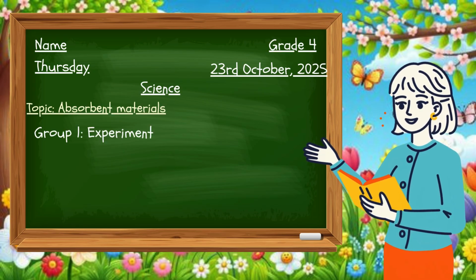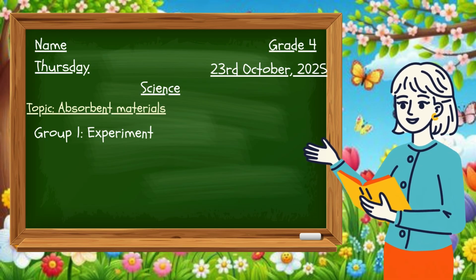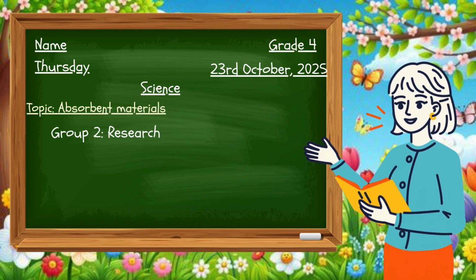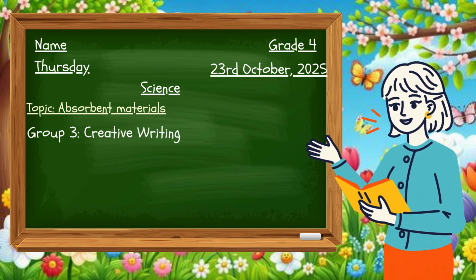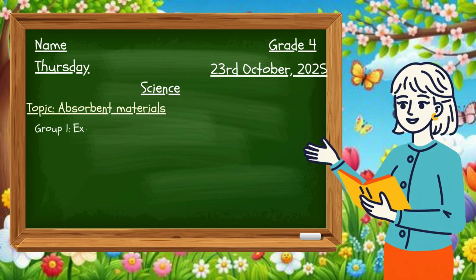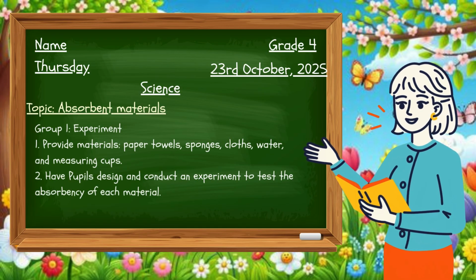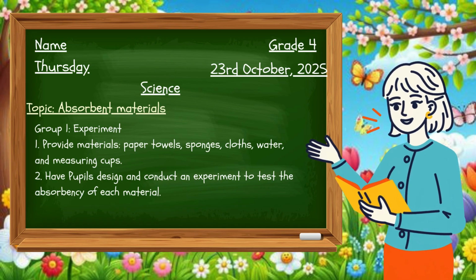I need all the group 1 to come in front. All the group 2, you go at the back. And the group 3, you sit where you're sitting. So group 1, we're going to do an experiment today, right? I'm going to give you some materials like paper towels, sponge, cloth, and some measuring cups.